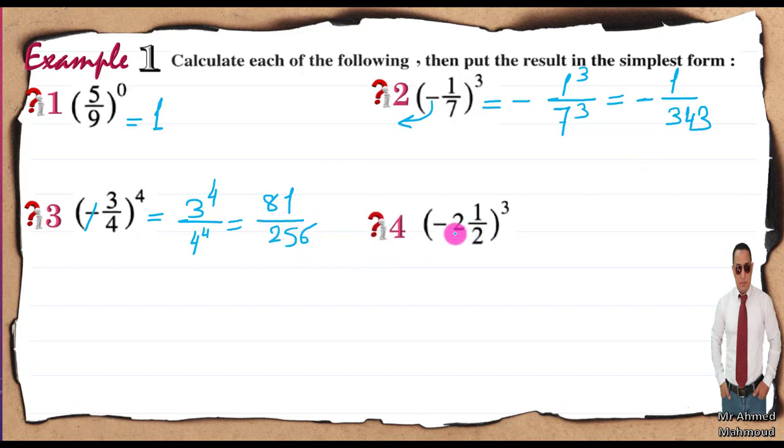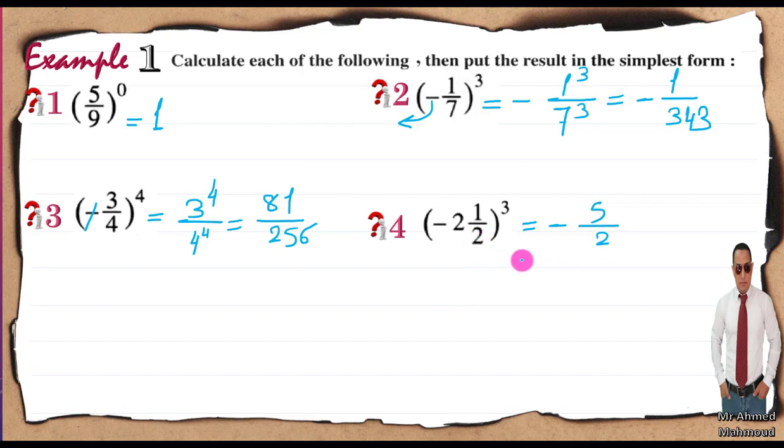Number 4, negative 2 and a half all to the power of 3. First, because I have an odd power, I'm going to keep the negative outside. Now we have 2 and 1 over 2 equals 5 over 2. How come?